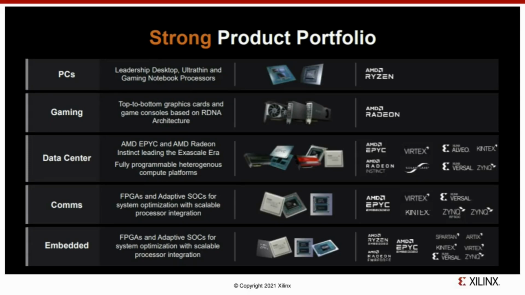So there is a strong combined portfolio that will be available from Xilinx and AMD post acquisition completion. Please do look forward to it, and if you are currently engaged with AMD, please do continue to stay engaged with them. We will probably become a combined entity very soon.